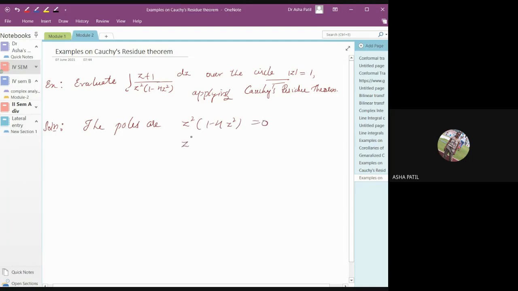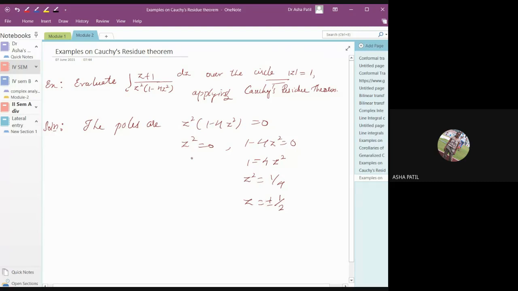So z² = 0 and 1 - 4z² = 0, that implies 1 = 4z², or z² = 1/4, z = plus or minus 1/2.